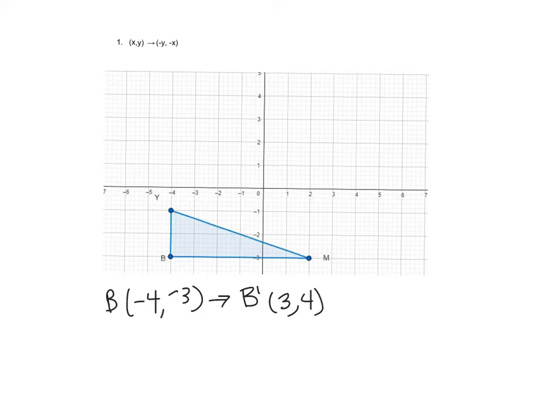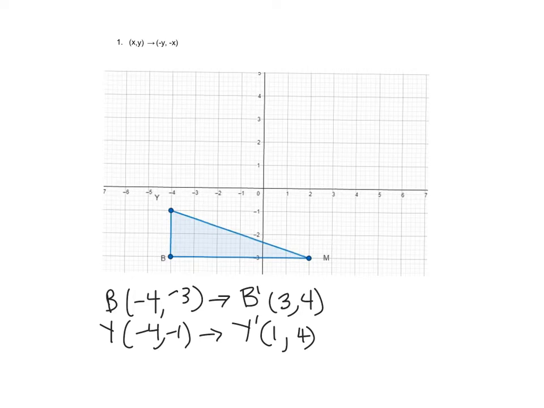All right, if I'm going to do the same thing with the Y, the pre-image of the Y is -4 comma -1. The image is going to be: take the y and negate it, which would be 1. Take the x and negate it, which is 4. So the image is going to be 1 comma 4.